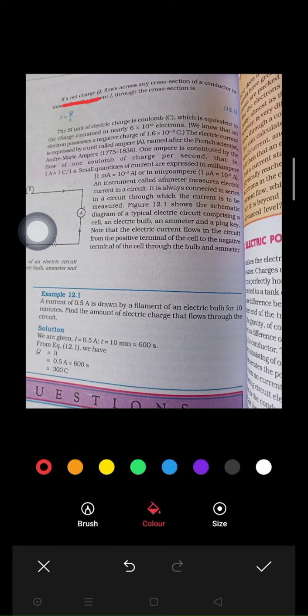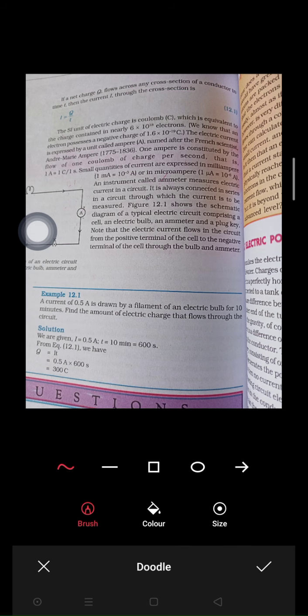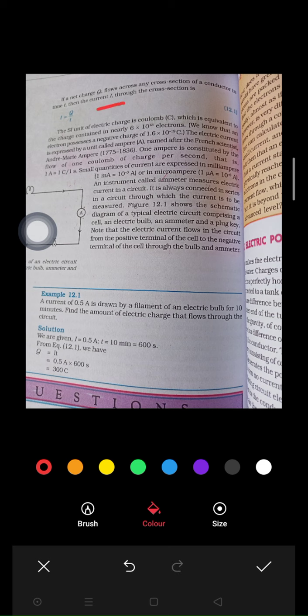If a net charge q flows across the cross-section of a conductor in time t, then current I is equal to q by t.